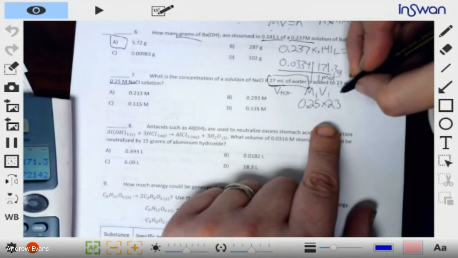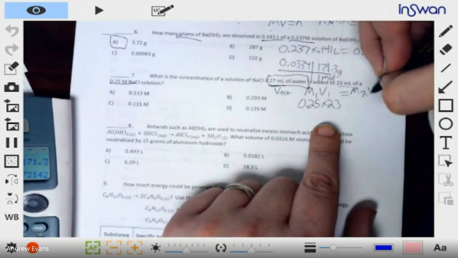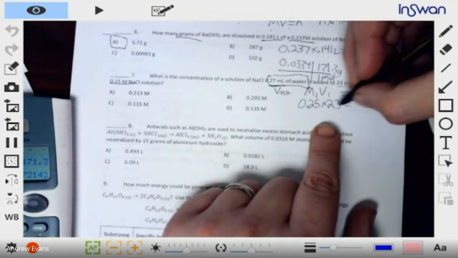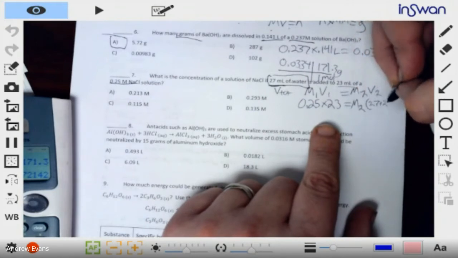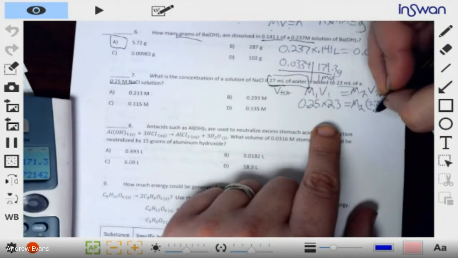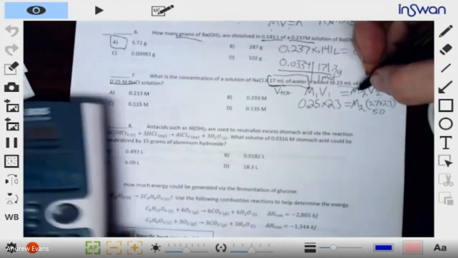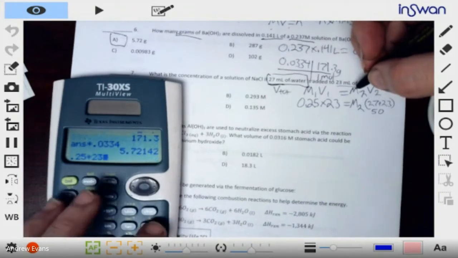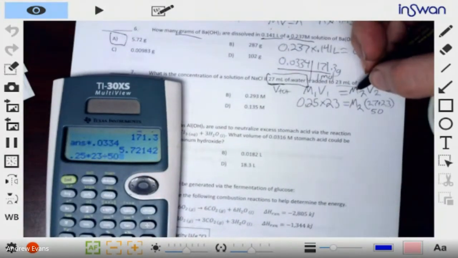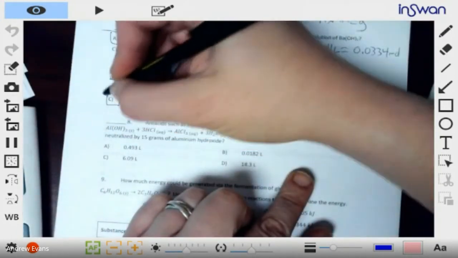But the V2 is not 27. It is 27 plus 23, which is, in case you don't know, 50. So 0.25 times 23 divided by 50 is about 0.115. So the correct answer should be C.